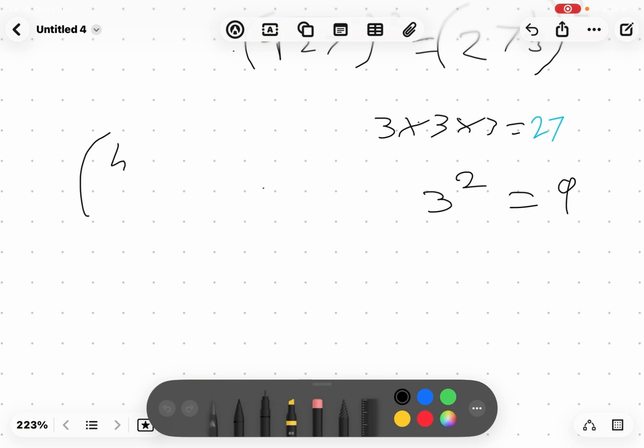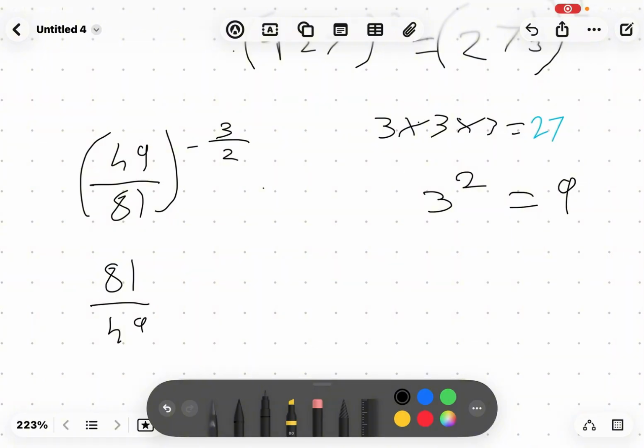Now we have something a bit harder. Let's say we have something like this, right? Then we open the bracket, 81, 49, and it becomes positive. So then we just put them like this.